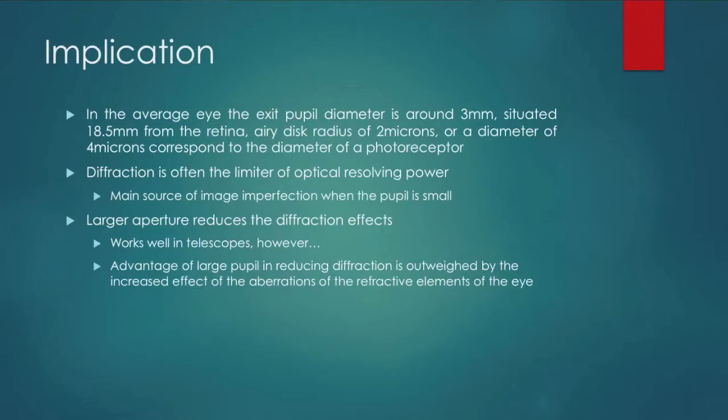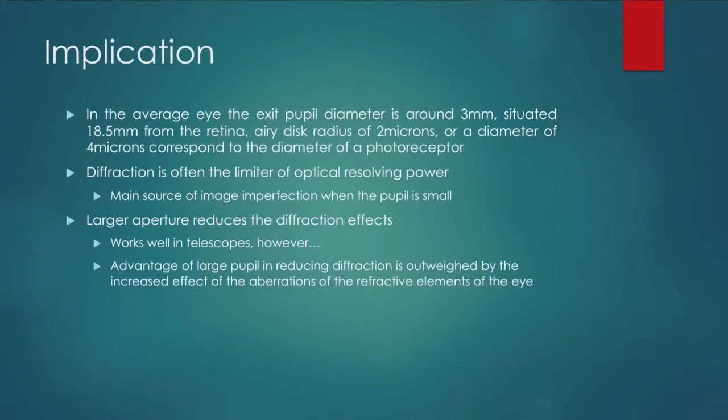And no doubt if we increase the aperture or the diameter of the pupil, we could potentially further decrease the amount of diffraction. But in the human eye, what happens is that by increasing the pupil size, we would introduce effects of aberration, which further degrades the image quality.